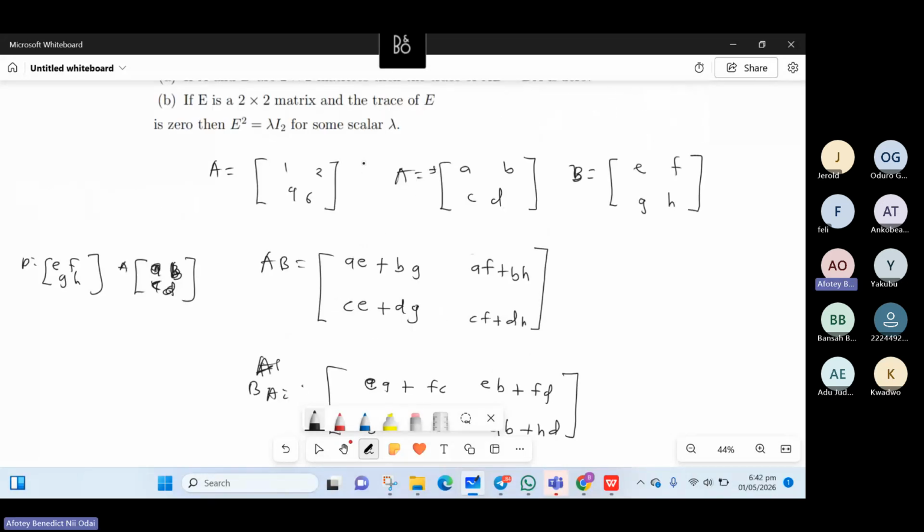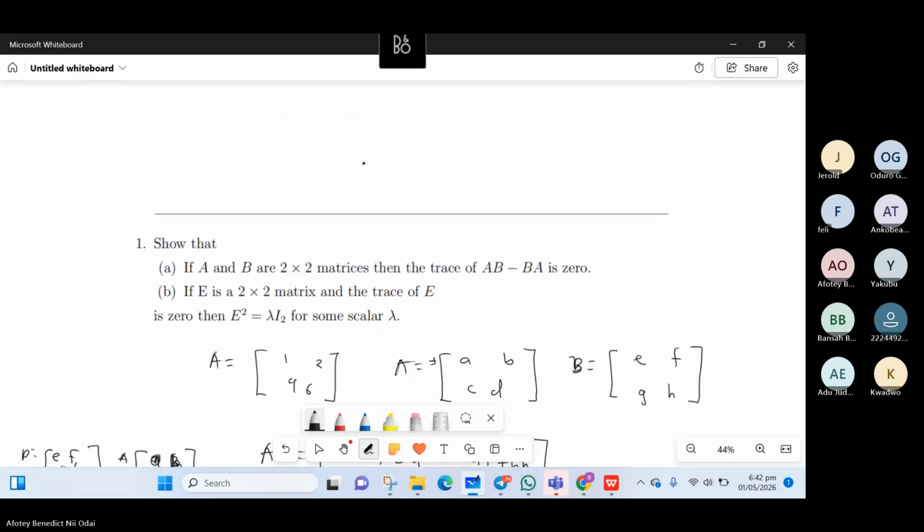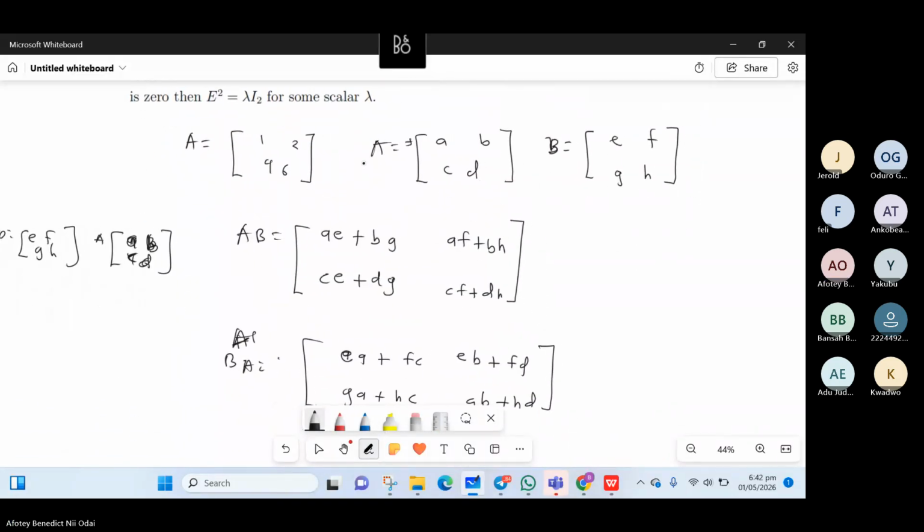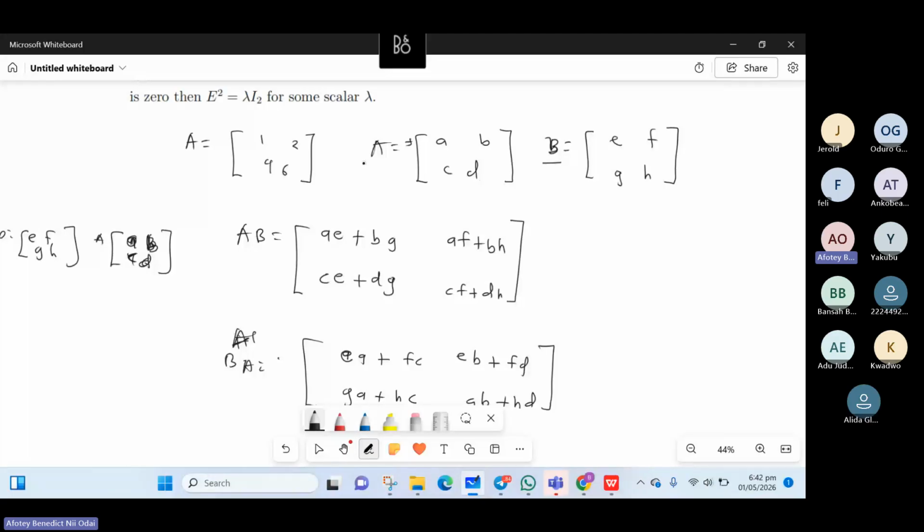Now, the question states that we show that the trace of AB minus BA is equal to 0. Now, we've seen what the trace is. We said if you have a matrix B, the trace of the matrix B is the sum of the terms on the major diagonal.